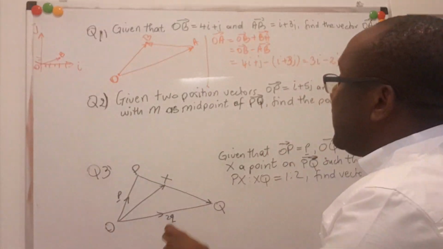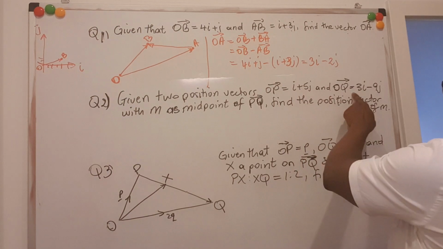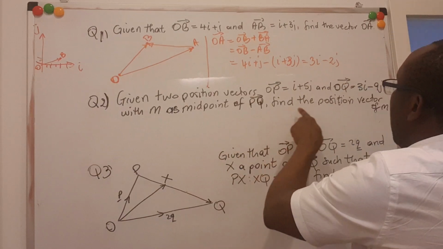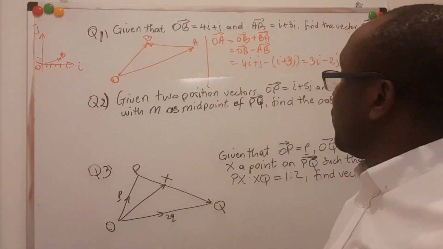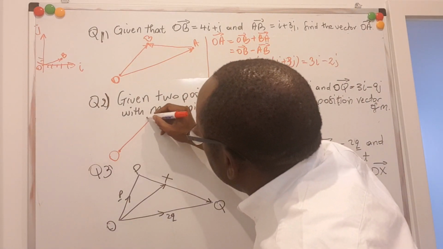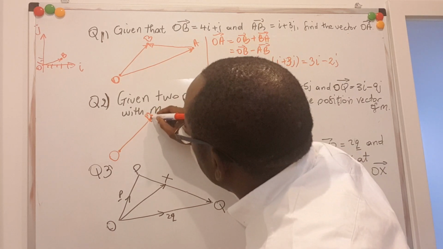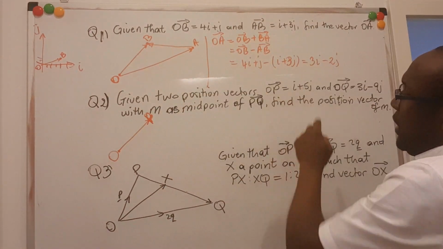The second question says, given two position vectors OP, i plus 5j, and OQ, 3i minus 9j, with M as the midpoint of PQ, find the position vector of M. Once again, we will try to sketch. So this is my O here. This is the point P there, and that's the direction OP.